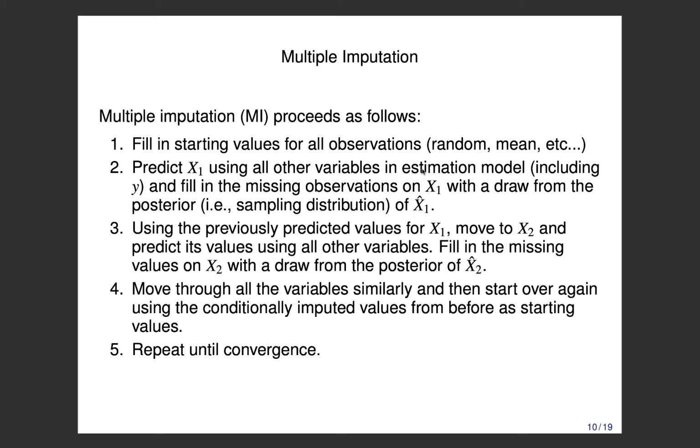The second thing I want to mention is that multiple imputation's goal is not necessarily to guess what the right answer would have been. We're not trying to make one data set with the best possible guesses. What we're trying to do is characterize the uncertainty in our models that results from not having observed all of the observations.